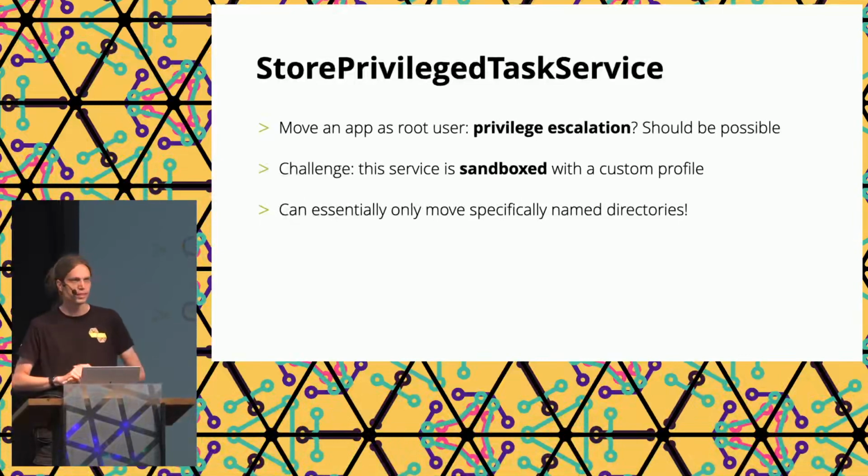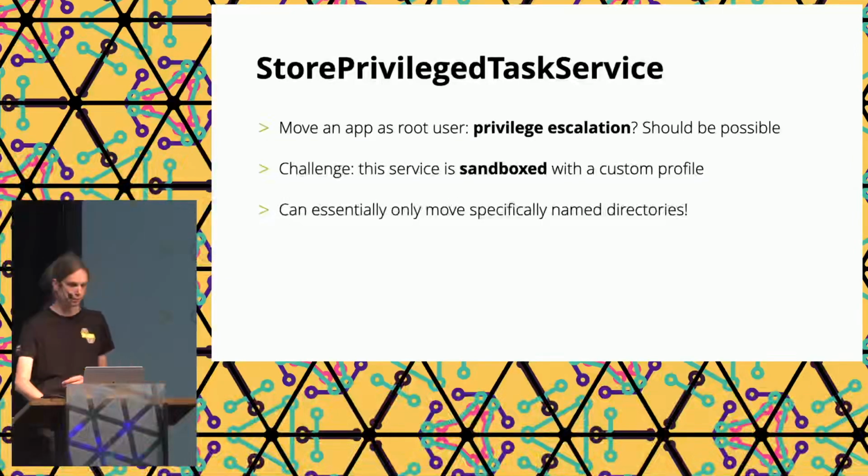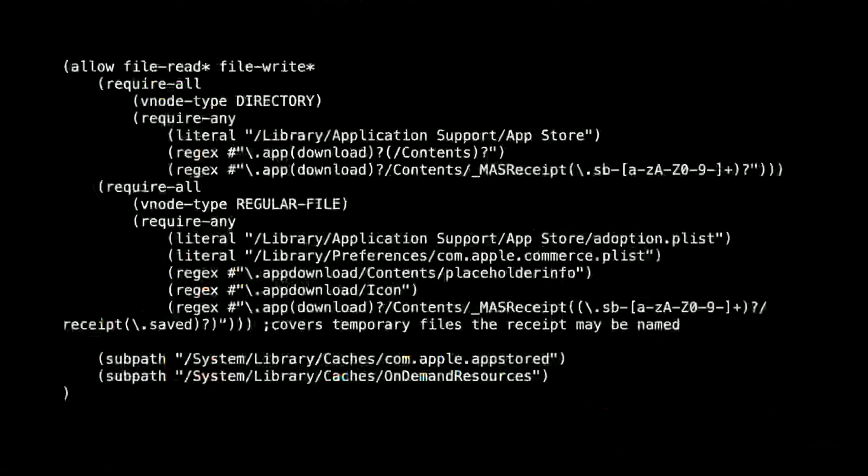But this turned out to be quite a challenge to do correctly, because this process was sandboxed. What this basically meant is that we could only move directories and not separate files, which made it quite tricky. This is one part of the sandbox profile of this service. The most useful part here is the second regex, which basically means that we can move any directory as long as it contains .app somewhere.